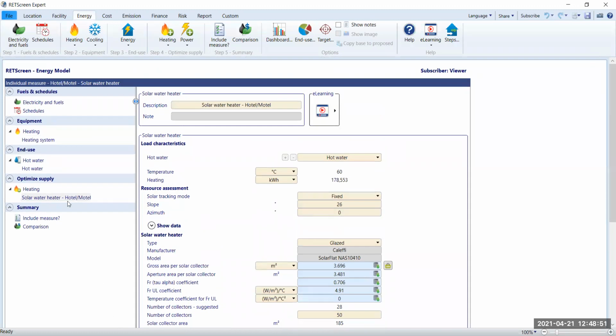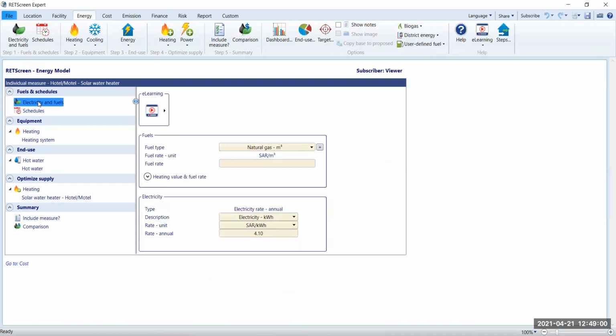There used to be somewhere, I'm sure, that we could put the energy prices, and I think it is, yes, I hope that this is the one here, so that the price here is 0.3. So changing the price here is electricity and fuels. We are not using natural gas, but we are using electricity, and the rate as given in the project heading is 0.3 riyals per kilowatt hour, like 30 halala per kilowatt hour.